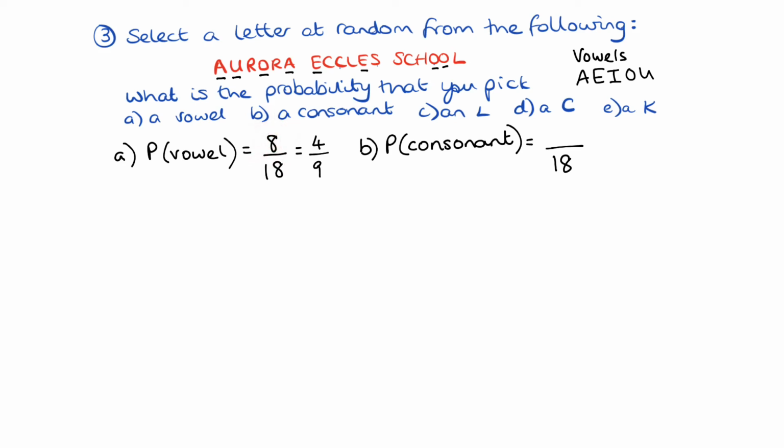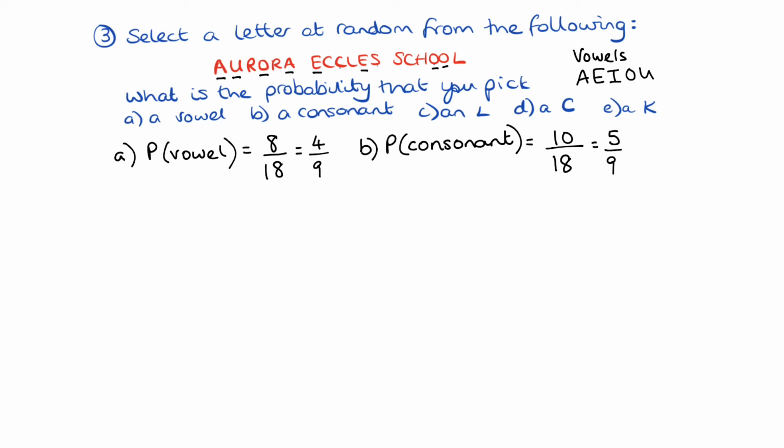So there should be 10. So let's just count that. So we've got 1, 2, 3, 4, 5, 6, 7, 8, 9, 10. So it's right, there are 10 18ths is our probability of getting a consonant. And again, that will simplify by dividing top and bottom by 2, and it will give us 5/9.